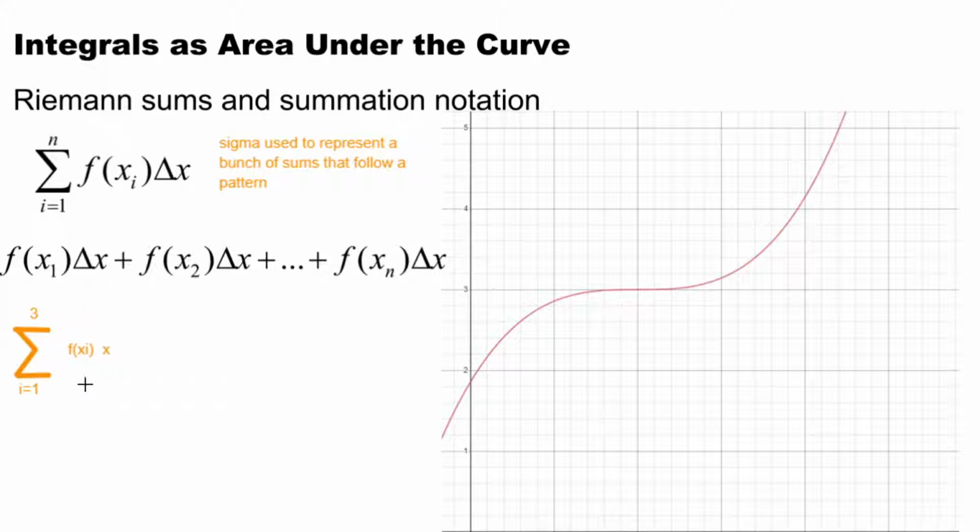We're going to draw a tiny little triangle here. Okay, if I were to do something like this, then what this is going to come out to is f of x1 times change in x plus f of x2 times change in x plus f of x3 times change in x. And again, all of these are going to get their little triangles here.